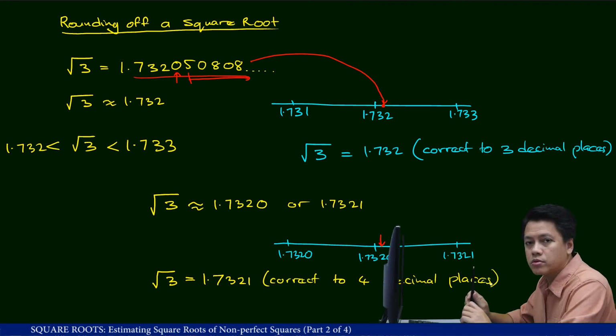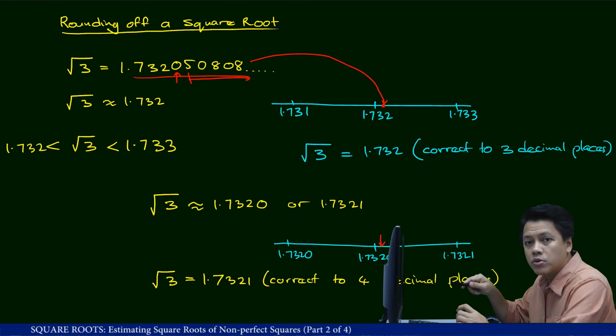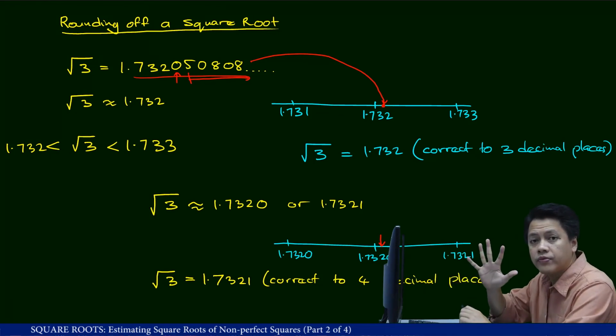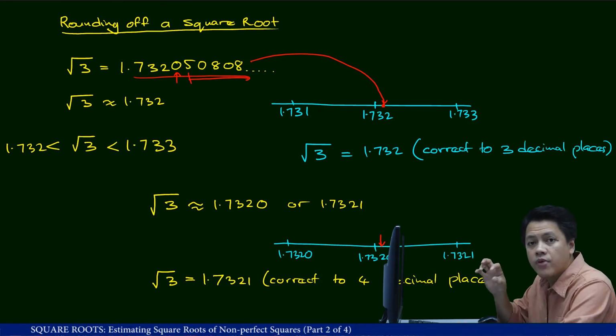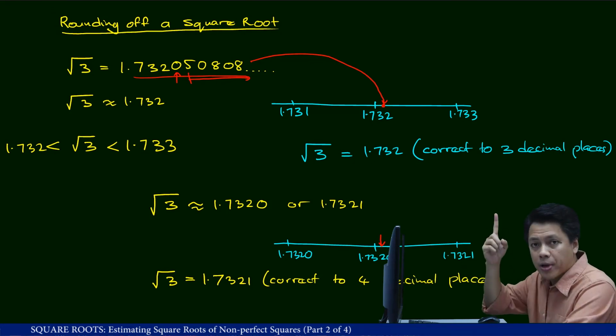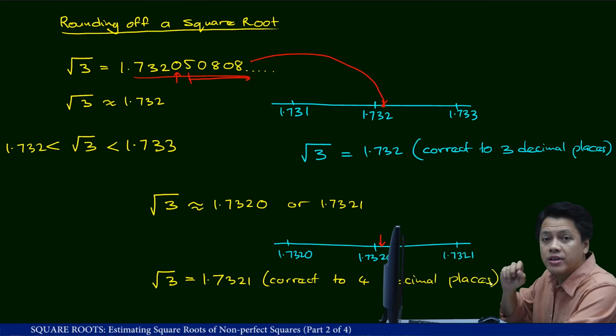As a general rule, if we want to round it off to 4 decimal places, we need to look at the 5th digit after the decimal point. And if the 5th digit is 5 or more, then we round it up by increasing the 4th decimal place by one.